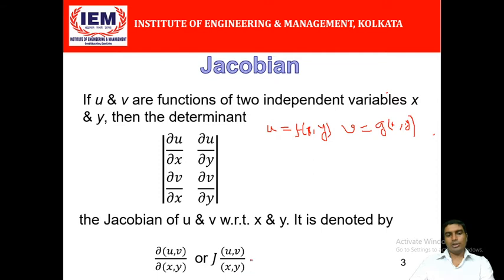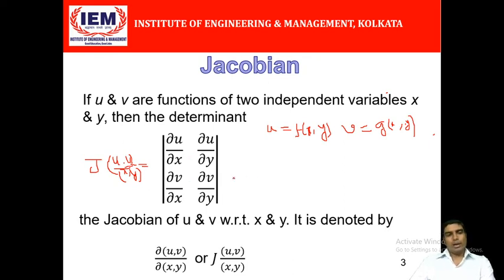This way or that way we denote it. Basically this matrix is denoted by J of (u,v) divided by (x,y), and this is equal to this determinant. So we have to find the determinant.